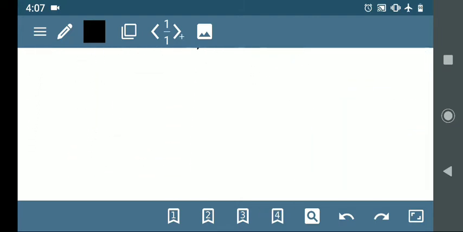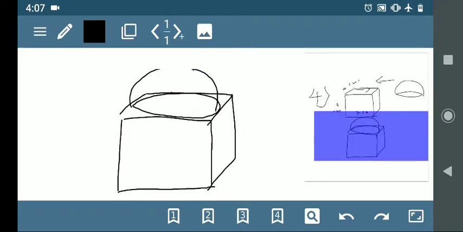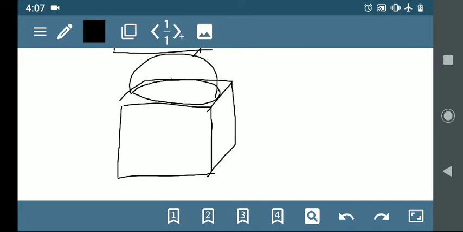For example, see the diagram. This is our cubical block. On this cubical block, a hemisphere is placed over it. The first question he is asking is what is the greatest diameter the hemisphere can have?